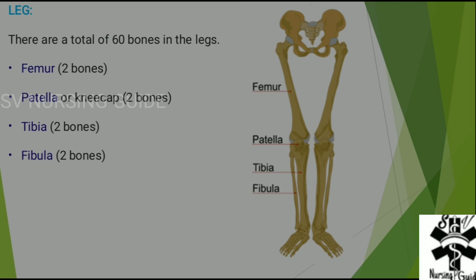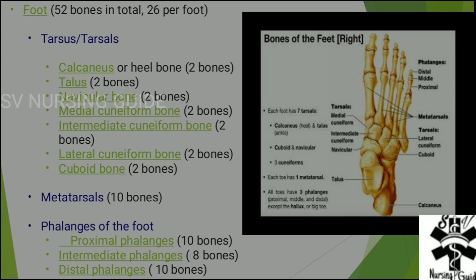Next, leg. In leg, 60 bones: femur 2 bones, patella or kneecap 2 bones, tibia 2 bones, fibula 2 bones. In foot, 52 bones in total, 26 per foot. It divides into 3: tarsals, metatarsals, phalanges of the foot.